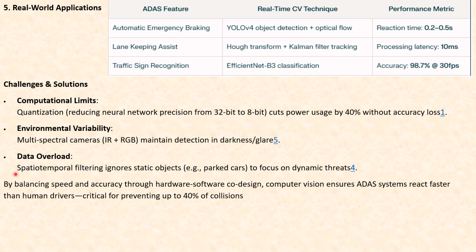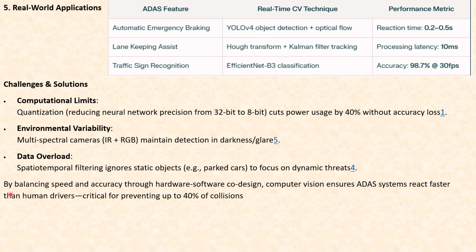Now when it comes to data load, the spatio-temporal filter ignores static objects to focus on the dynamic threats. And by balancing speed and accuracy through hardware-software co-design, computer vision ensures ADAS systems react faster than human drivers, critical to preventing up to 40% of collisions.